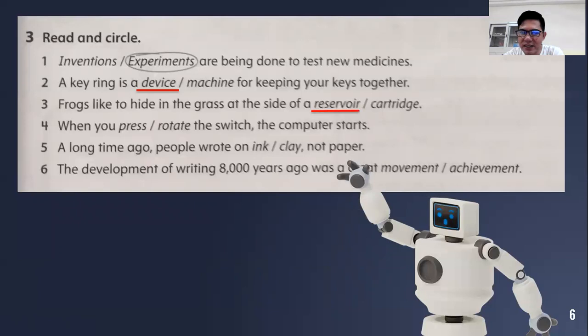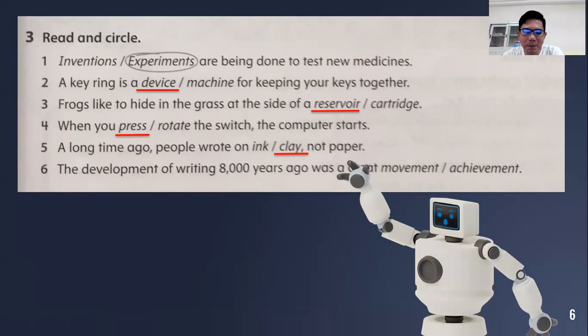What is your answer? Press. When you press the switch, the computer starts. Number 5. A long time ago, people wrote on ink, clay, not paper. What's your answer? Clay. A long time ago, people wrote on clay, not on paper.